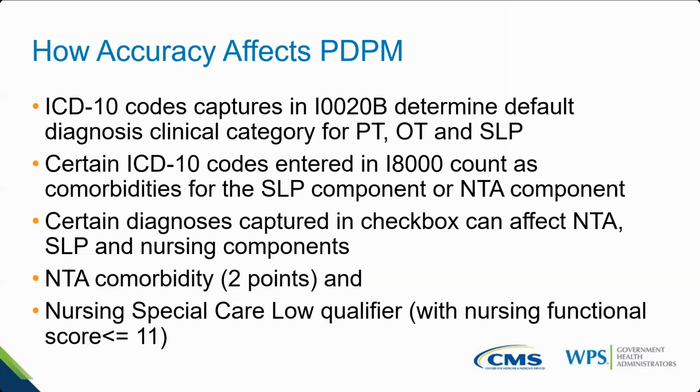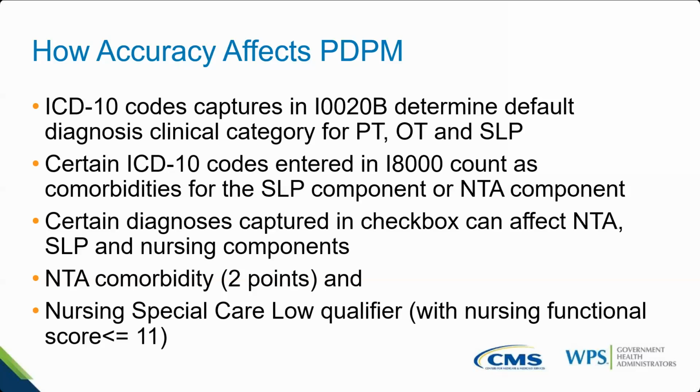There are certain diagnoses captured by Section I checkboxes that can affect the non-therapy ancillary or NTA component, the SLP or speech-language component, and even the nursing component. So for example, I5200, which is multiple sclerosis or MS, can impact PDPM case mix classification in both the non-therapy ancillary and the nursing components.